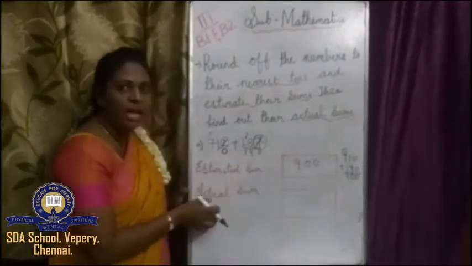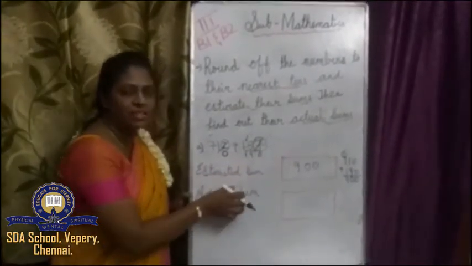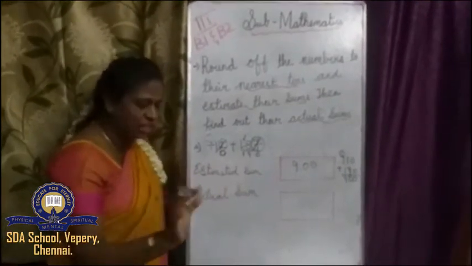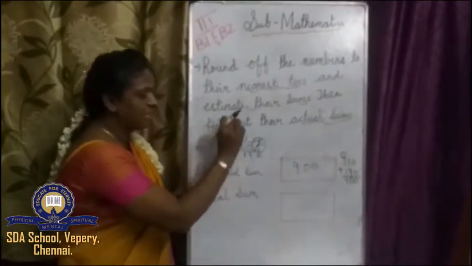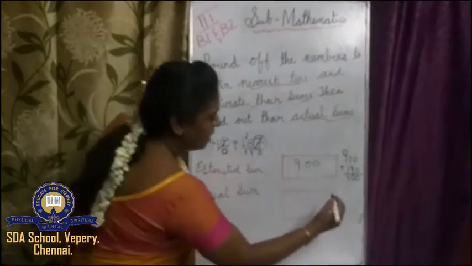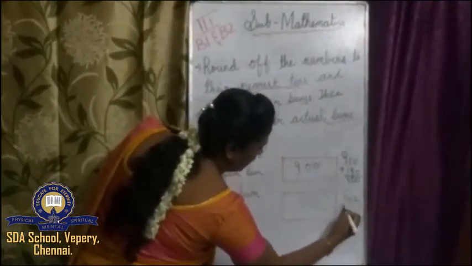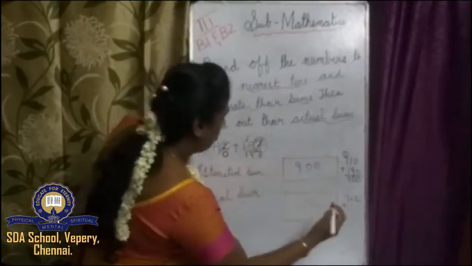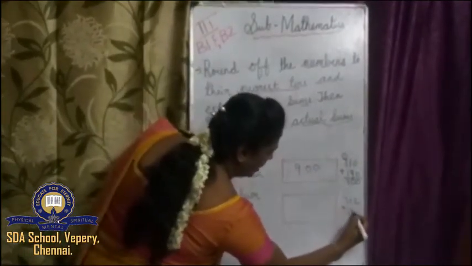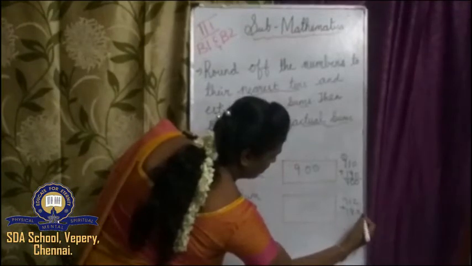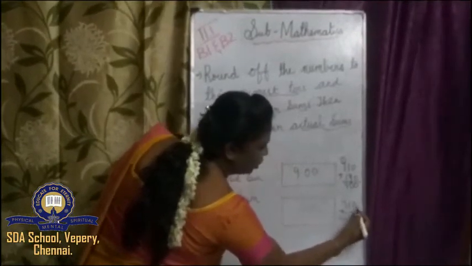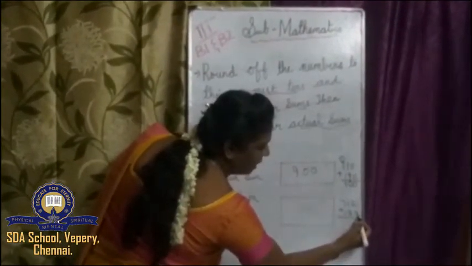Now come to the actual sum. In the actual sum, don't do any changes. Write it as it is given. That is 712 plus 187. Now 2 plus 7 is how much?